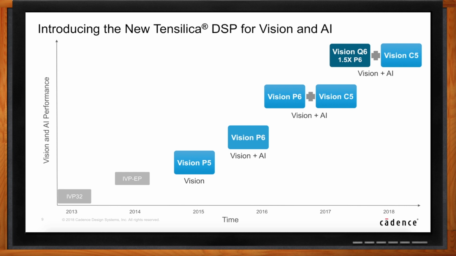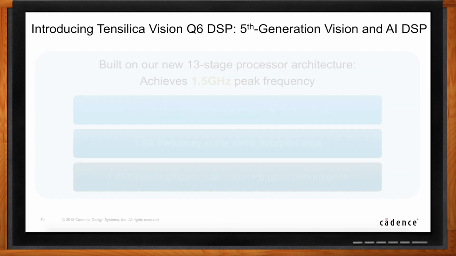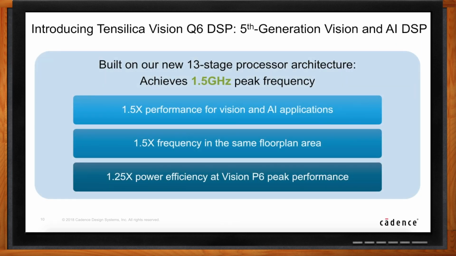Okay, cool. So what are the main features of the new Q6? Yeah, Vision Q6 is our 5th generation Vision and AI DSP. As I said a minute ago, it is a follow-on to the Vision P6 DSP. One of the main innovations we are bringing here is that it is built on a 13-stage processor pipeline. That's our new 13-stage processor pipeline.